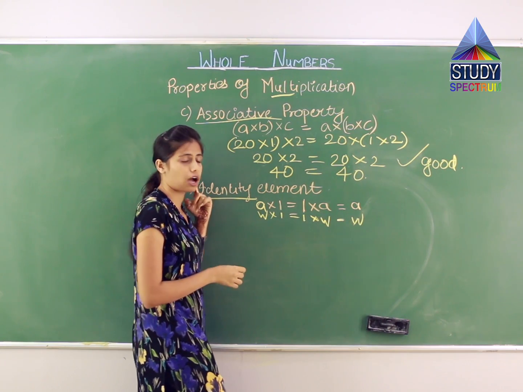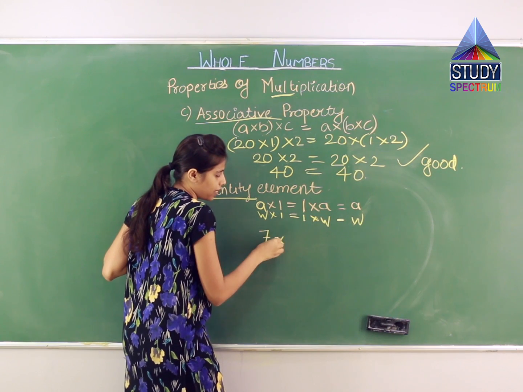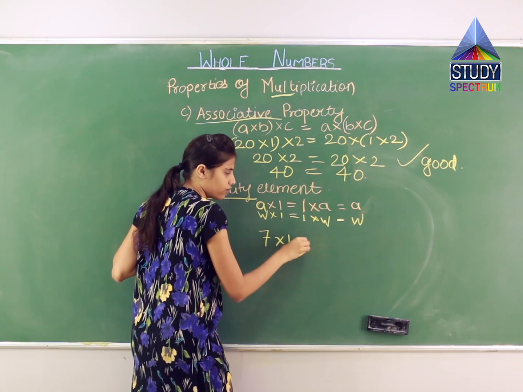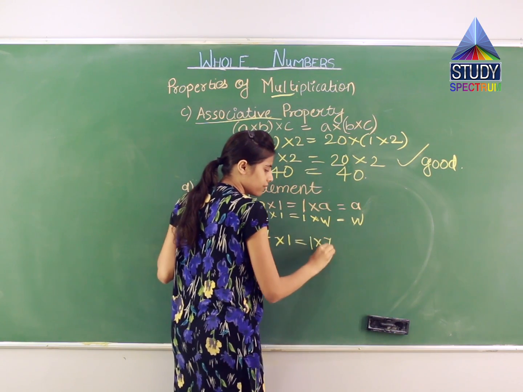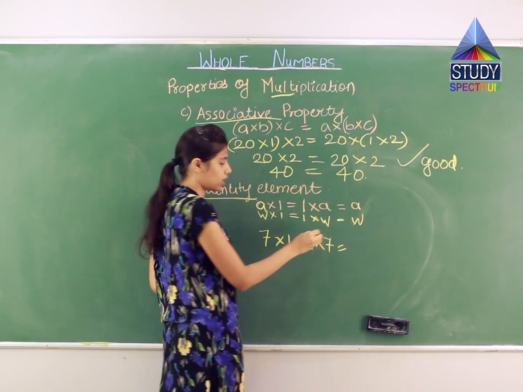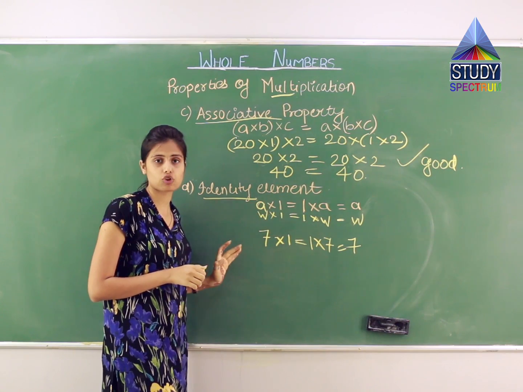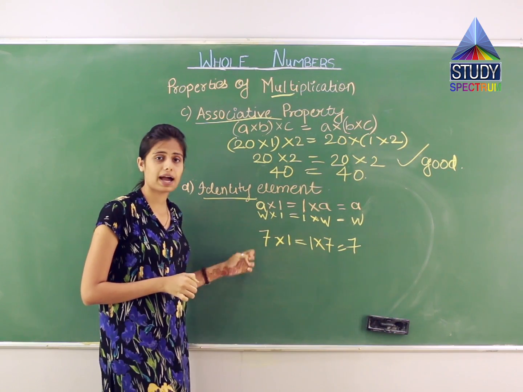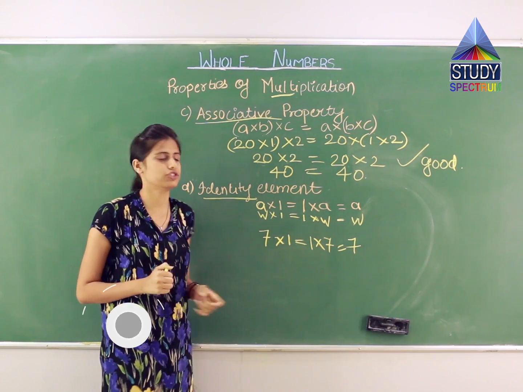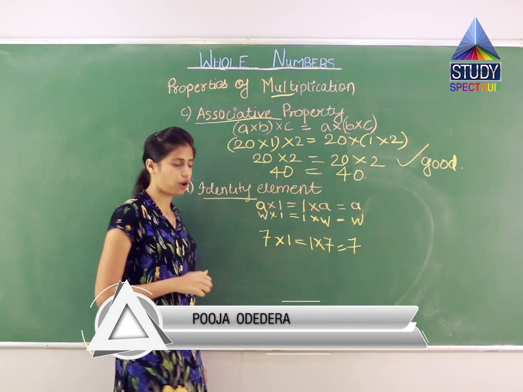If I put 7 in place of A, then 7 multiplied by 1 will be equal to 1 multiplied by 7 and will be equal to A, which is 7 over here. So I write 7. I have copied the formula as it is, only replacing A with a number, which is 7. Let us check whether all these are equal or not.